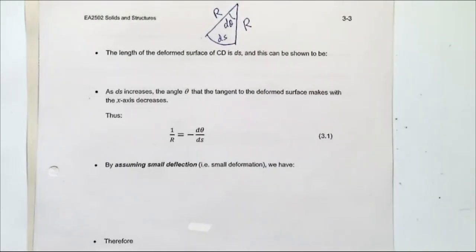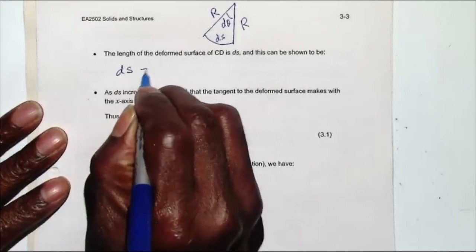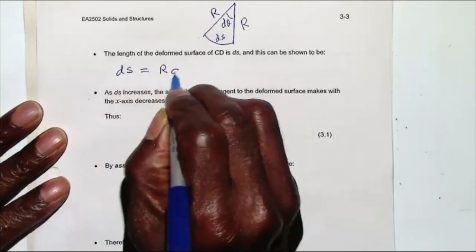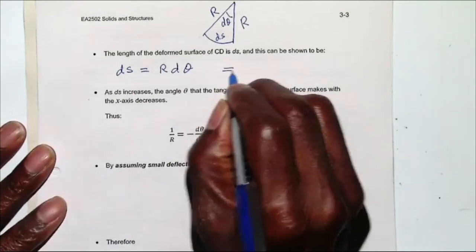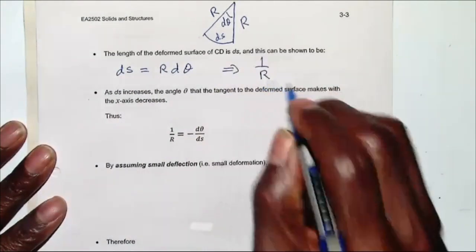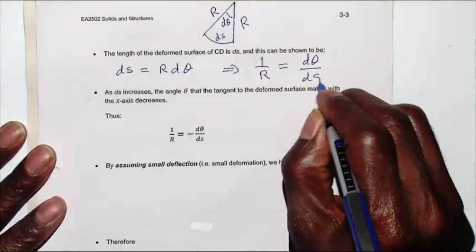From your geometry, it is clear that ds will be r d theta, which then implies that 1 over r equals d theta over ds.